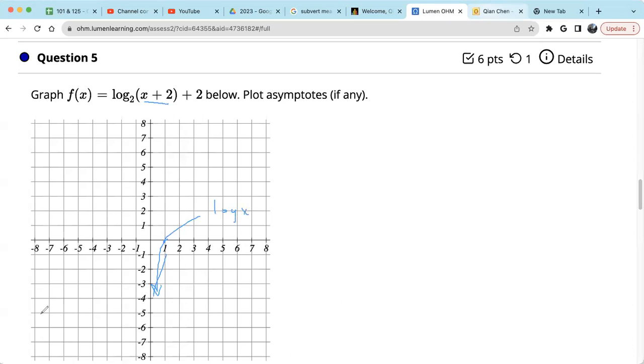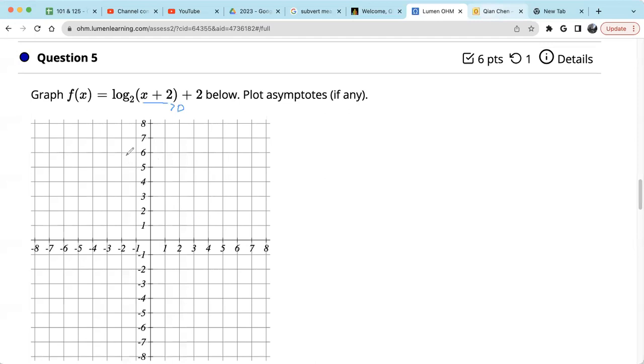But now for this function, I need to erase this. Okay. For this function, what is the domain? The domain is this value has to be greater than 0, which means x has to be greater than -2. Right? We move positive 2 to the other side. X has to be greater than -2.